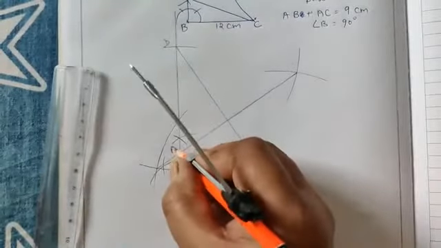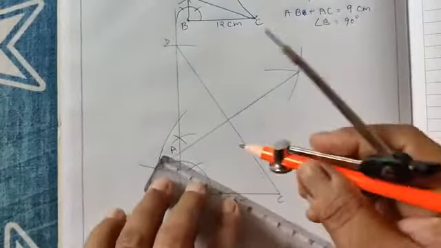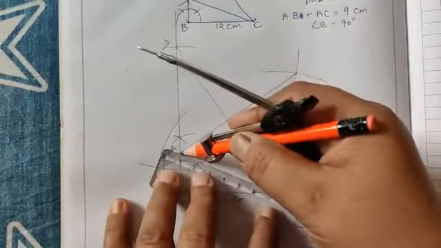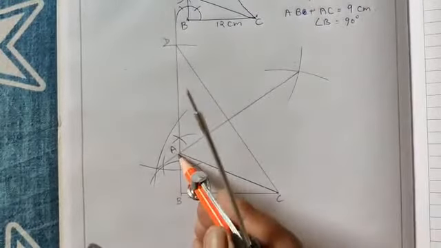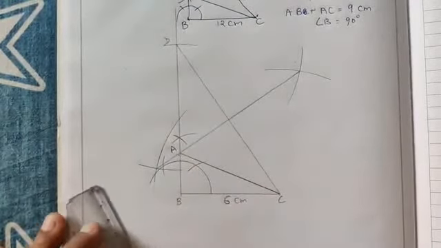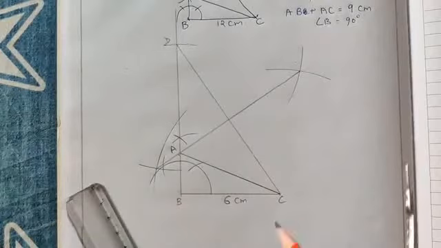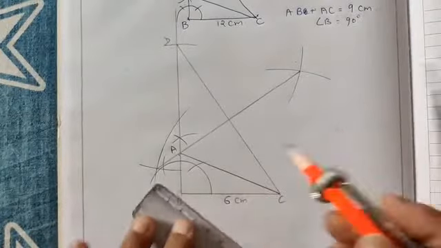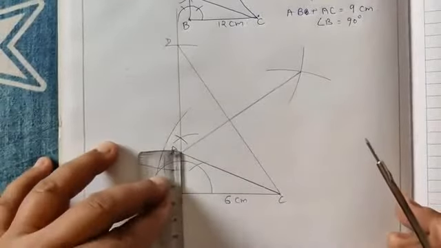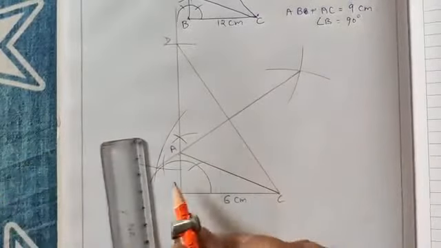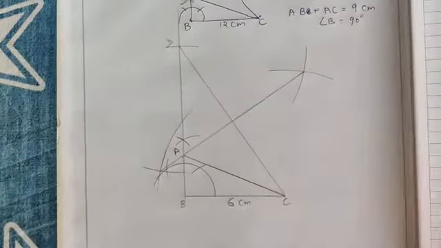This point is A. Now join A and C. ABC is the required triangle. The sum of the hypotenuse and the other side is 9. Approximately 6 and 3. The sum of these two sides is 9.